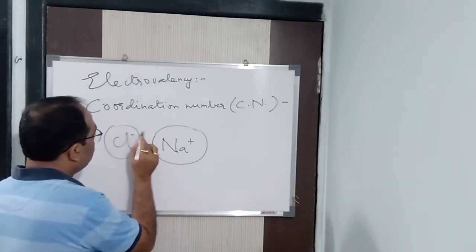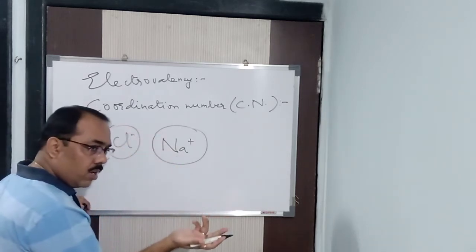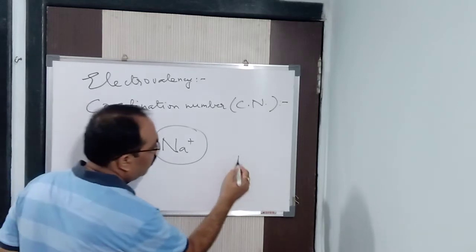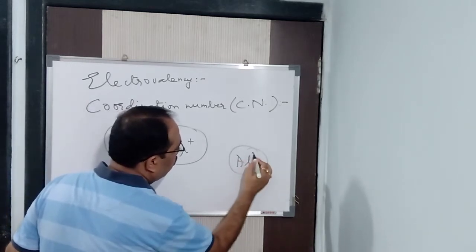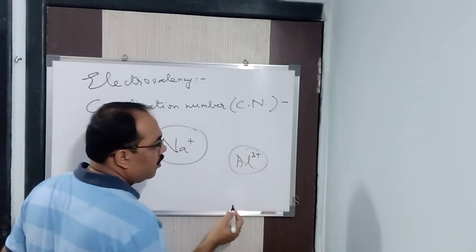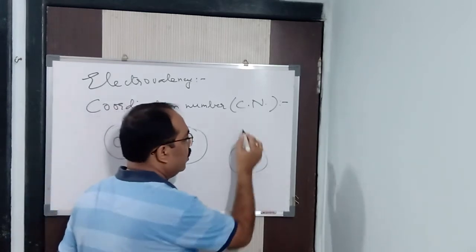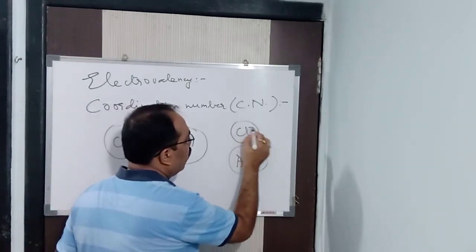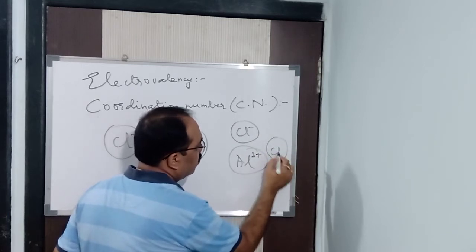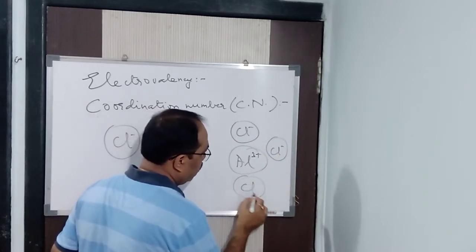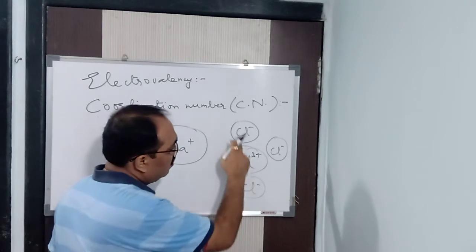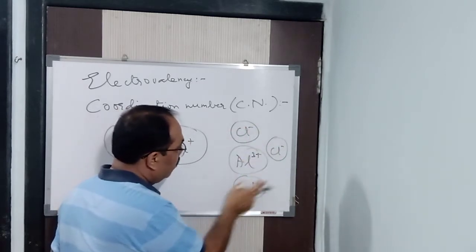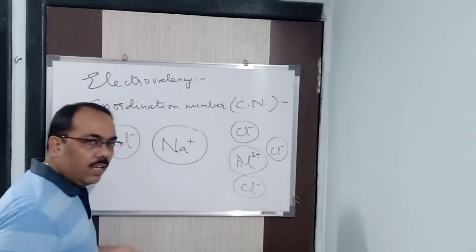So the coordination number is 1. Now if you take aluminium, Al3+, you know the formula of aluminium chloride is AlCl3. So how many chloride ions will be there? 1, 2, 3. So this is called coordination number. The coordination number of aluminium is 3, and of chloride it is 1.